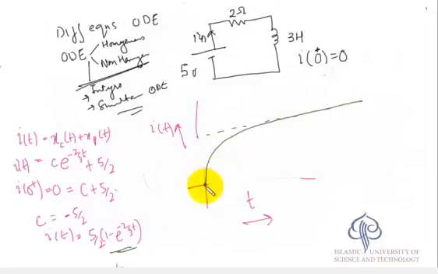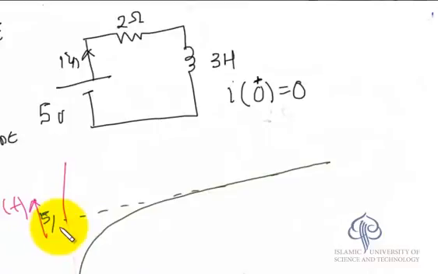It's going to start from 0, and after some time it's going to stabilize, because at t is equal to infinity the value is 5 by 2, so it's going to stabilize at 5 by 2 amperes. And that's what you expect, because the resistance is 2 and it's a DC circuit.